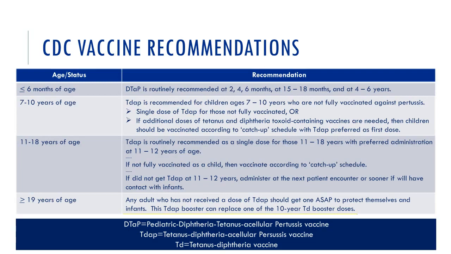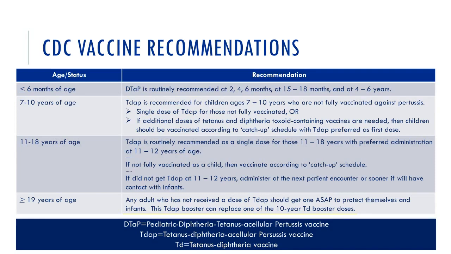They recommend a single dose of Tdap for those that are not fully immunized, or if an additional dose of tetanus and diphtheria toxoid-containing vaccine is needed, then the child should be vaccinated according to the CDC catch-up schedule, which you can find on the CDC webpage. And it is preferred at that point that Tdap would be the first choice rather than just vaccinating to tetanus and diphtheria.